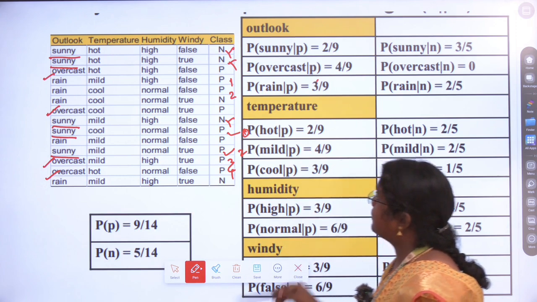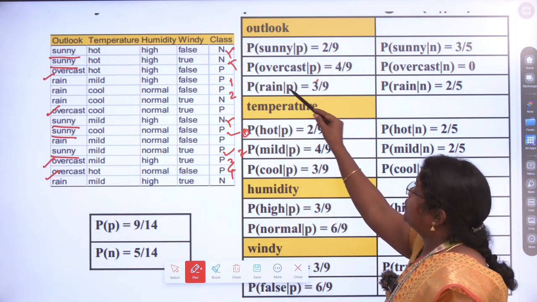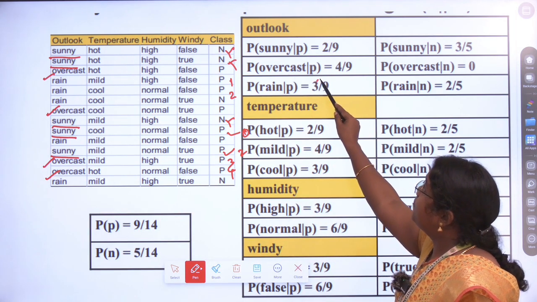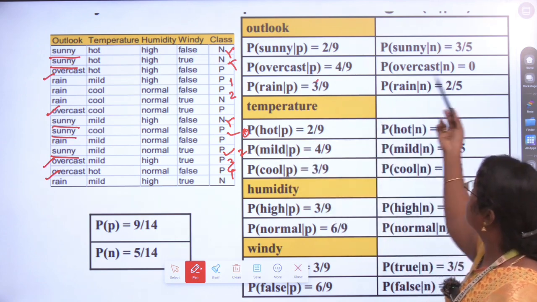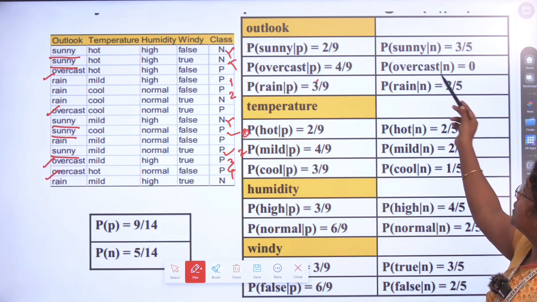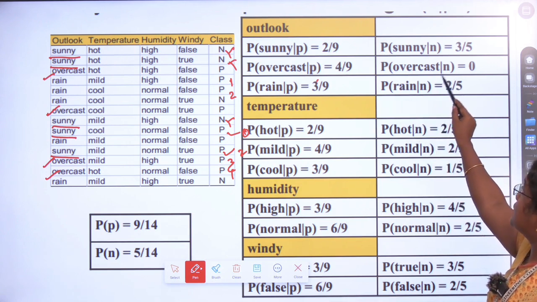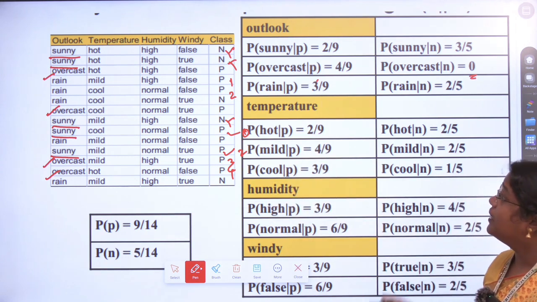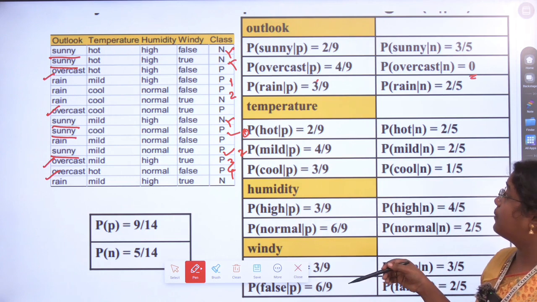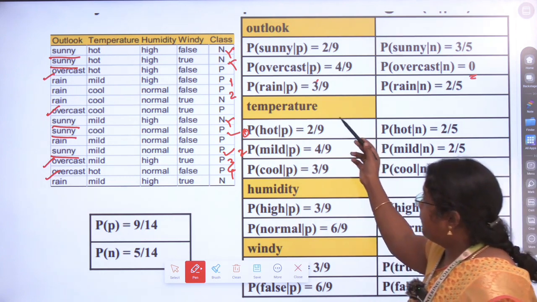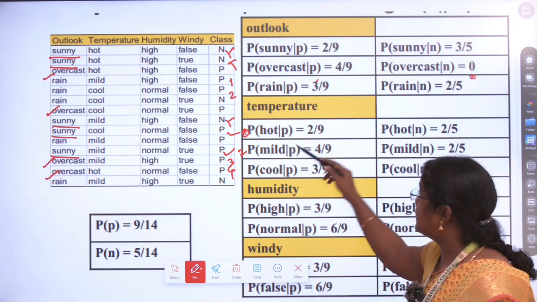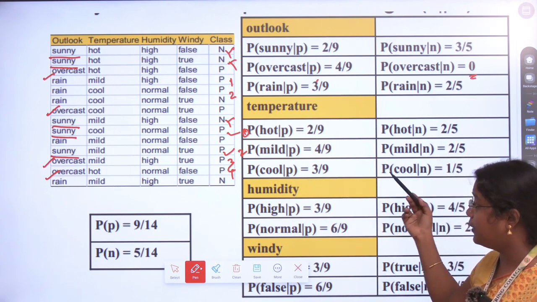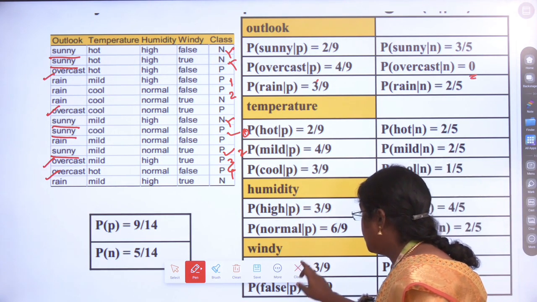So all of them are in the yes class. So the probability of overcast given yes is 4 by 9. There is no instance in the no class, so the probability of overcast given no is 0, because there is no instance in that category. In a similar way, we have to calculate the probabilities for temperature with respect to the yes class and the no class, then humidity and windy.